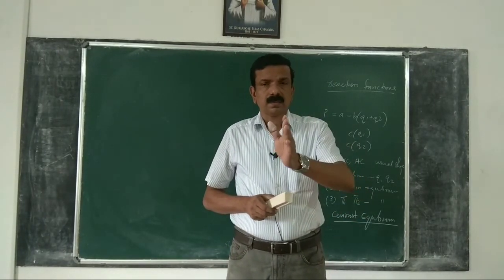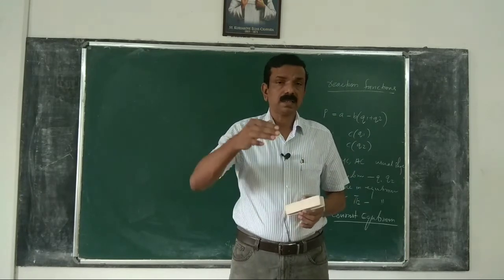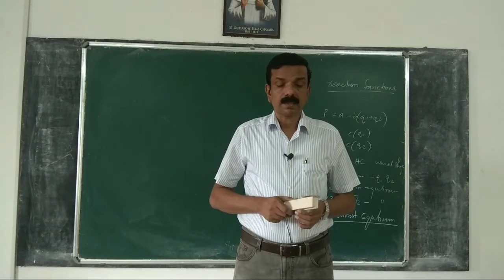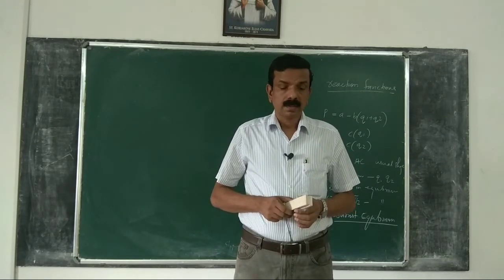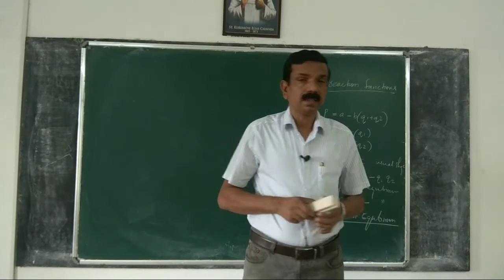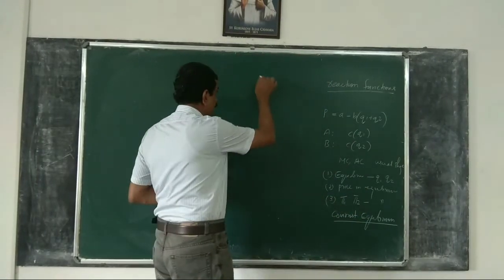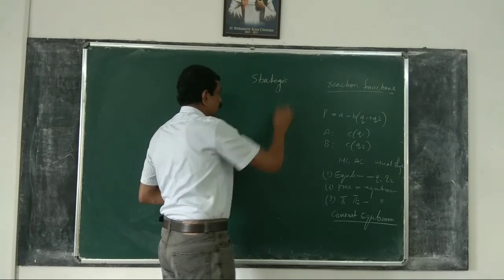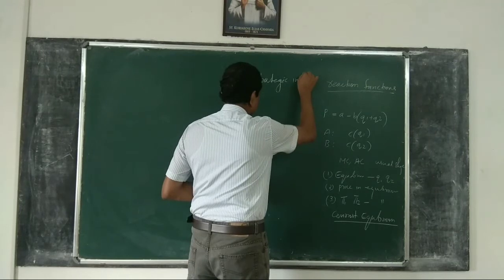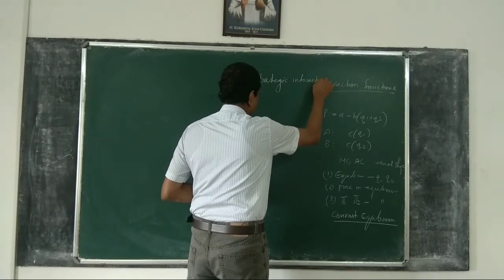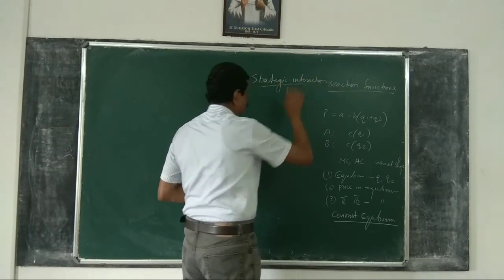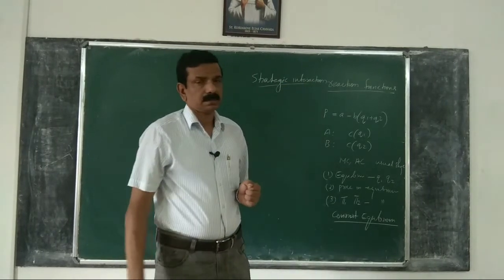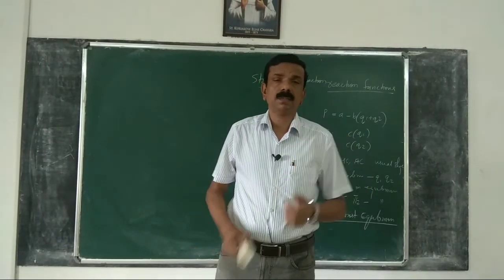So, Cournot equilibrium can be better explained using what is known as reaction functions. Now, let us see what is meant by reaction functions. In every duopoly market, there is strategic interaction. Strategic interaction means the decision by any competitor, any firm, partly depends on the decision by its competitor.